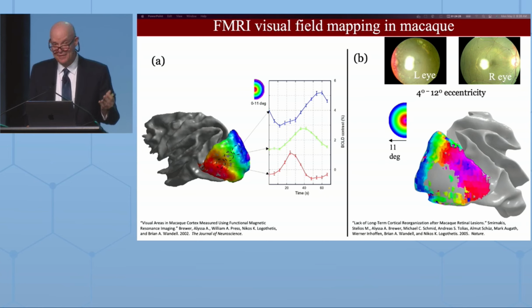And in this particular case, sure enough, you lesion the retina, and those portions of V1 are silent. So we thought, okay, great, now we're going to wait for this adult cortical plasticity to happen, and these things are going to fill in, and we're going to be able to watch that.